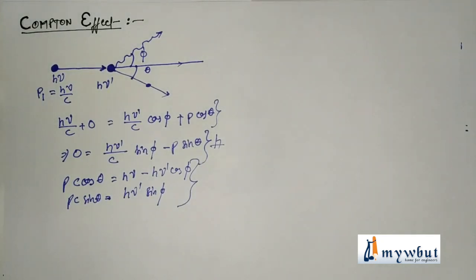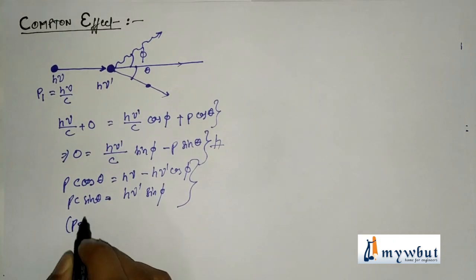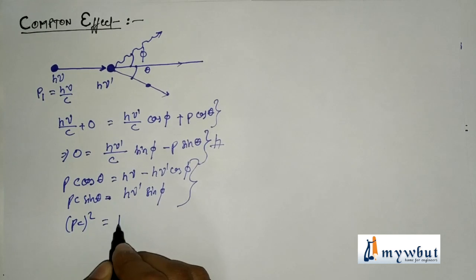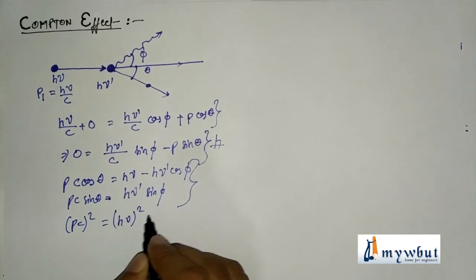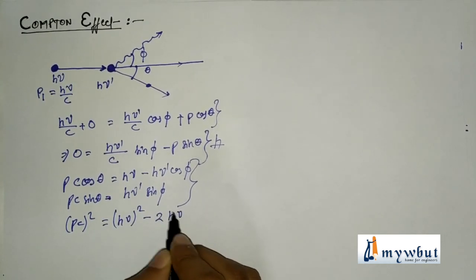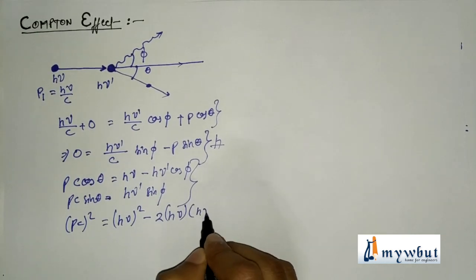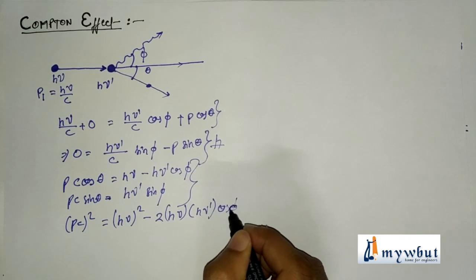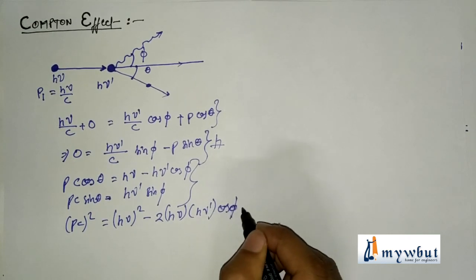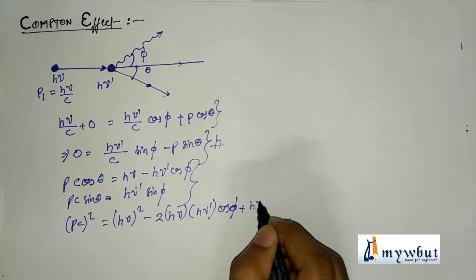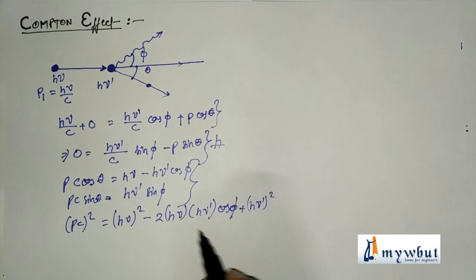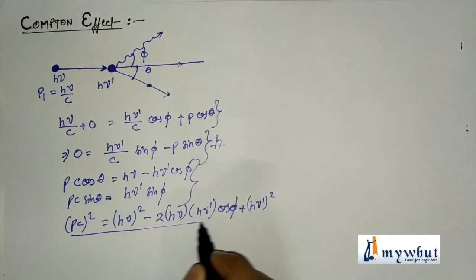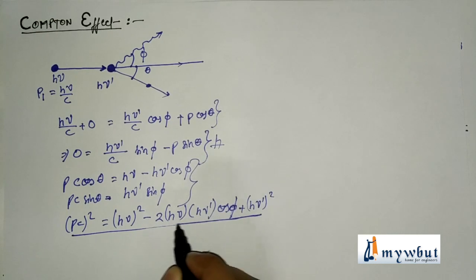If we square and add both of them, we will get Pc whole square is equal to h nu whole square minus 2 h nu into h nu dash cos of phi plus h nu dash whole square. This is the equation we are getting.